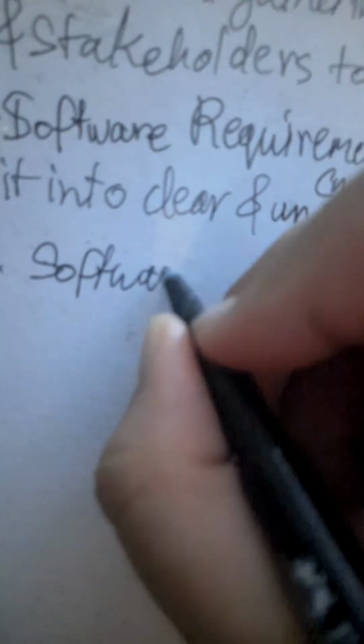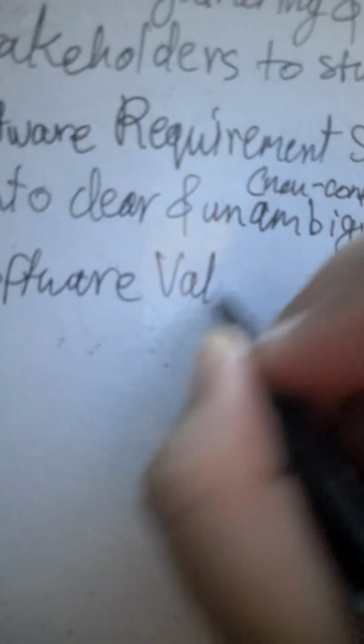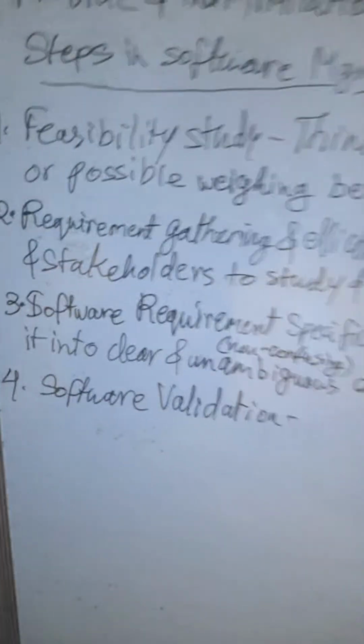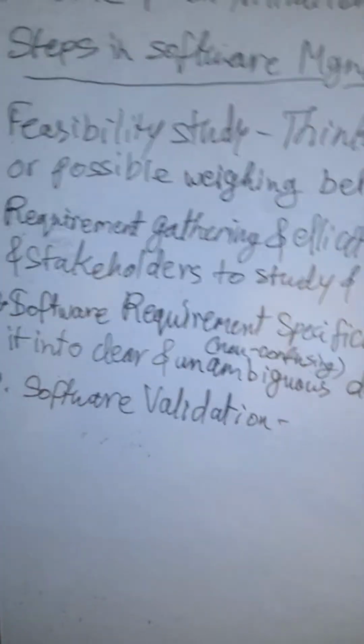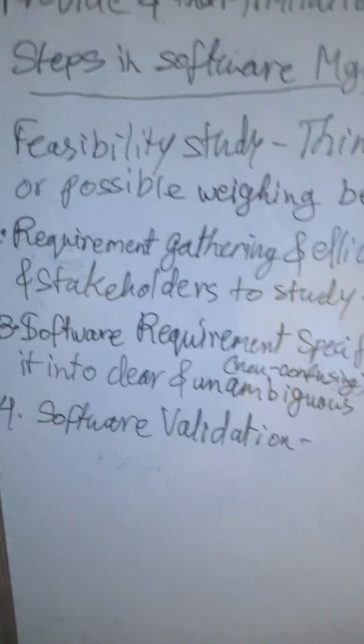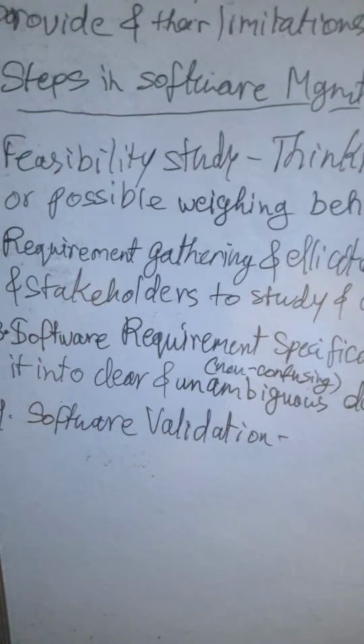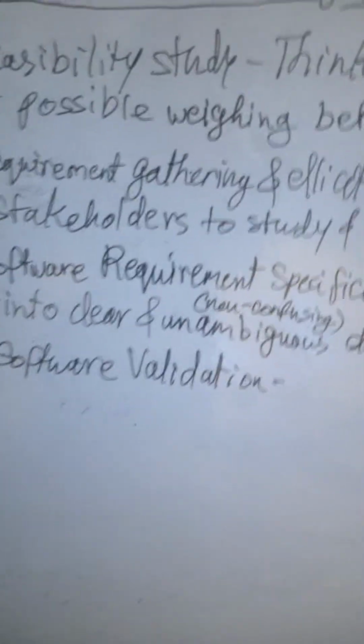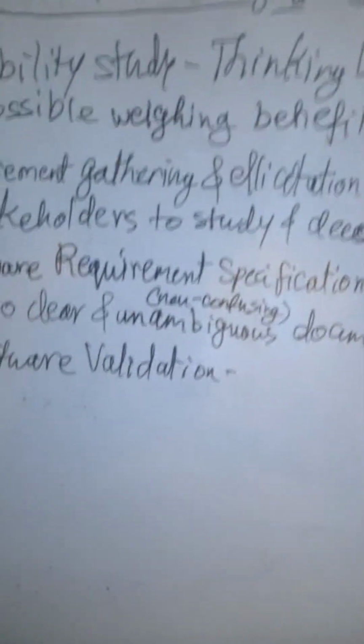Now, software validation. You have studied if this project is useful or not. You have started working on it. You collected the information, then studied and filtered it. Now what do you do? You finalize it. You think about whether you should hand this project over or not.